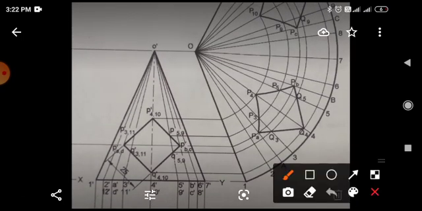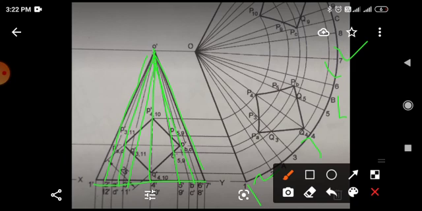Now here, after getting the projections all over here, you have to join them with the apex of this cone in this way. Then you have also divided the sector into 1, 2, 3, 4 and up to 12 parts.